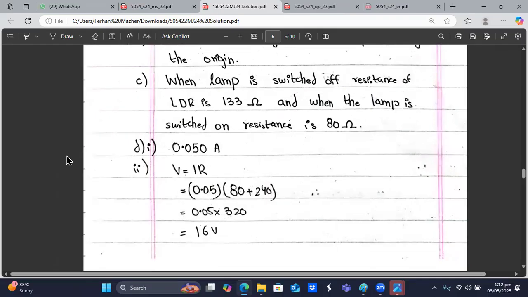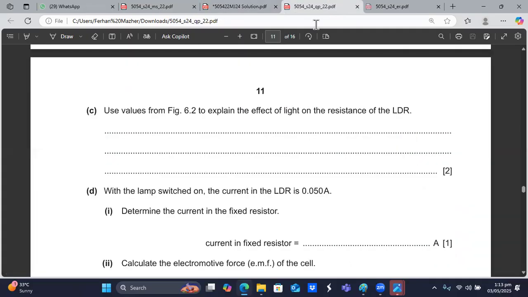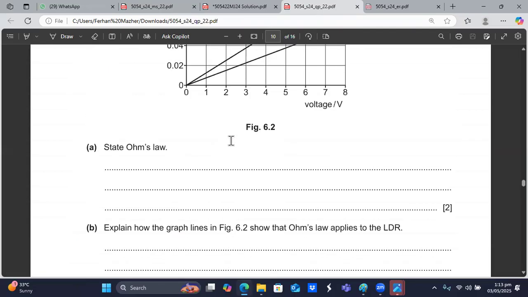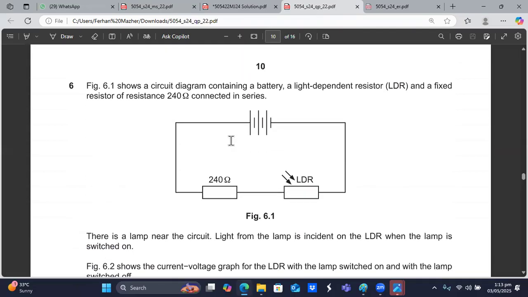It says when the lamp is switched off, the resistance of the LDR is 133 ohm, and when the lamp is switched on, resistance is 80 ohm, for the same voltage. We can see that from the figure also.